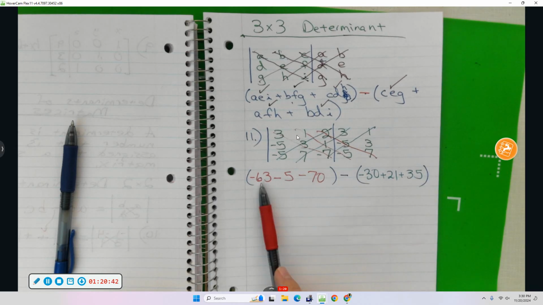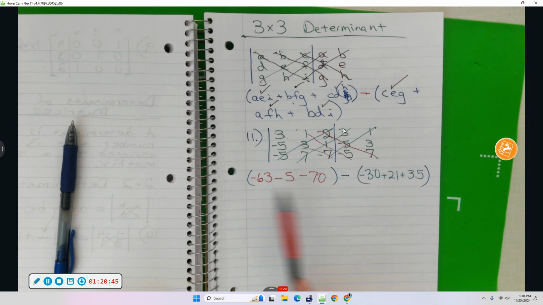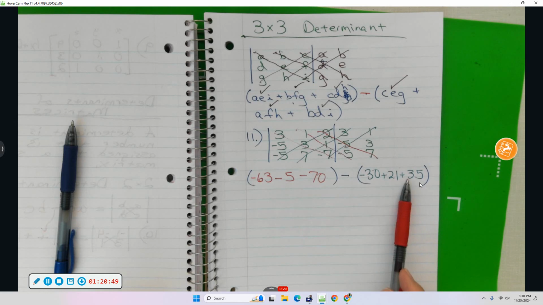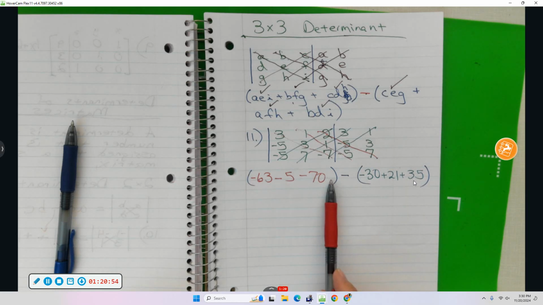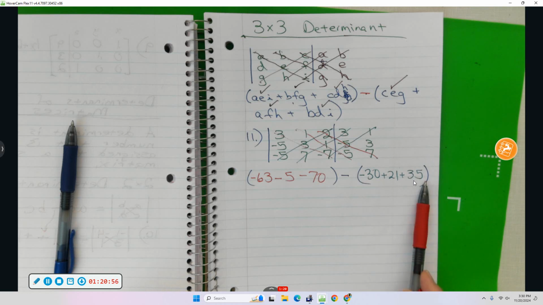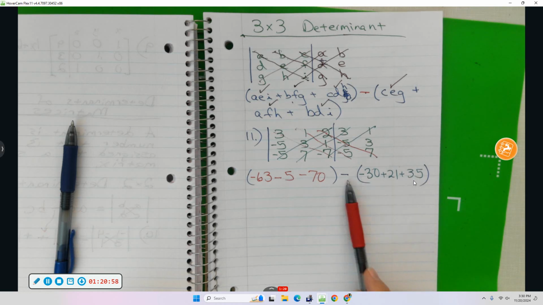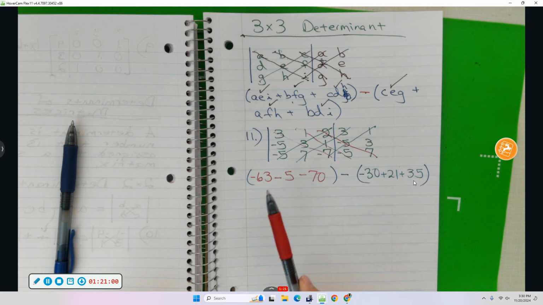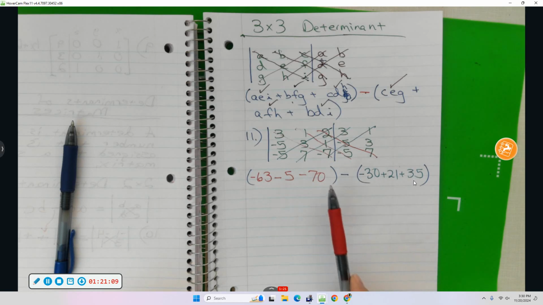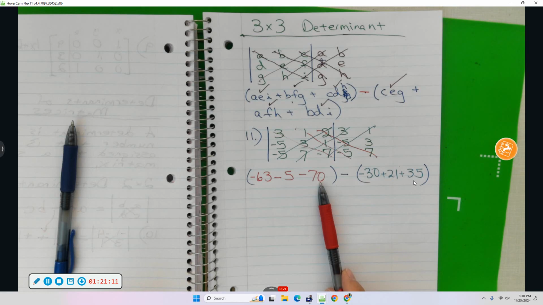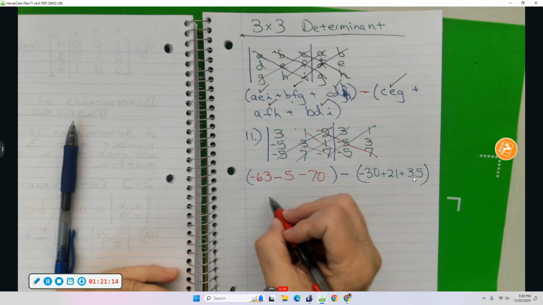Now work inside the parentheses. I'll see people take that minus and distribute it through the second set of parentheses. I don't do that. I simplify inside the first parentheses, simplify inside the second parentheses, and then perform the subtraction. Negative 63 minus 5 is negative 68, minus 70, that's a negative 138.